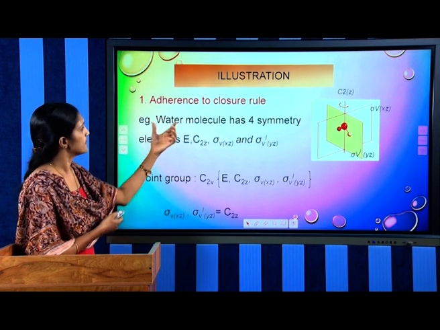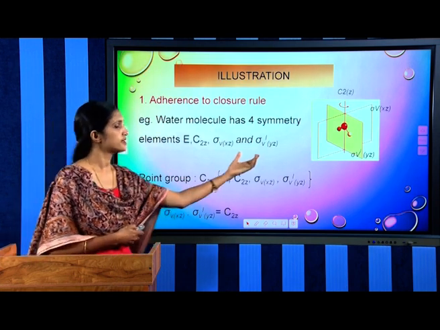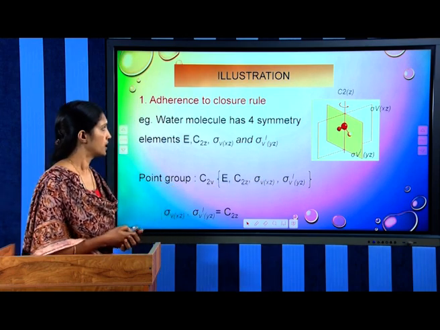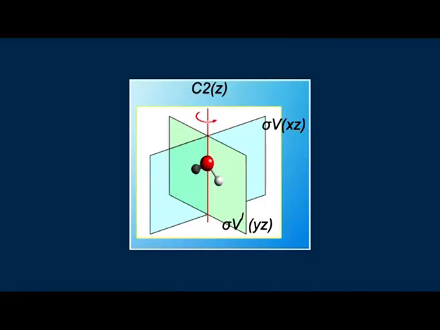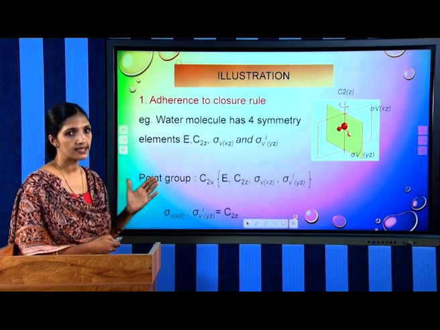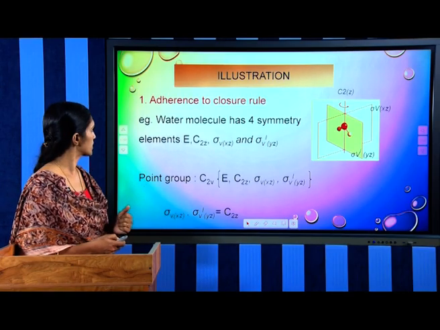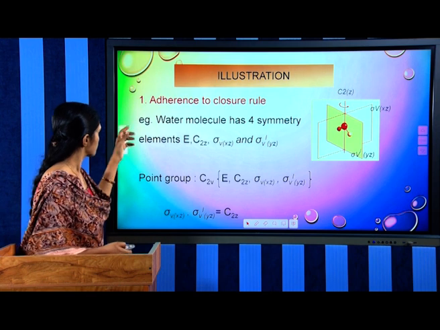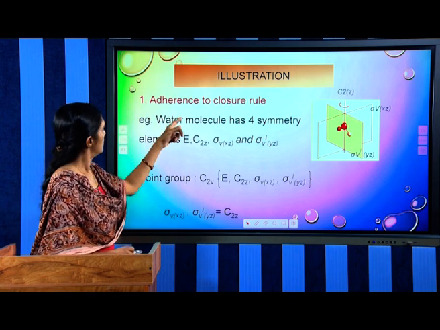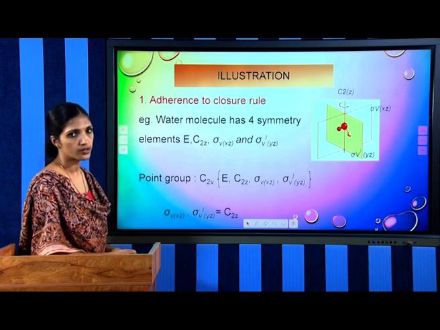For an illustration, we are selecting the water molecule. Here you can see the water molecule's C2 Z axis and also the molecular plane, and the plane bisecting the molecule, that is the sigma V x z. Sigma V x z is the plane bisecting the molecule. So, the first rule we are checking is adherence to the closure rule.